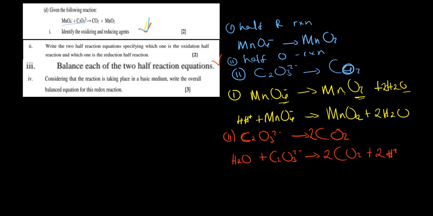So what we are going to do here is we are now going to balance everything. We bring everything. For the chromium here, I'll bring this reaction, the way it is written. I'll start from there.